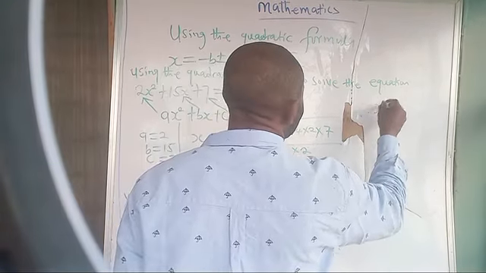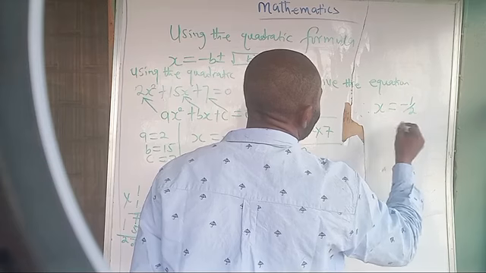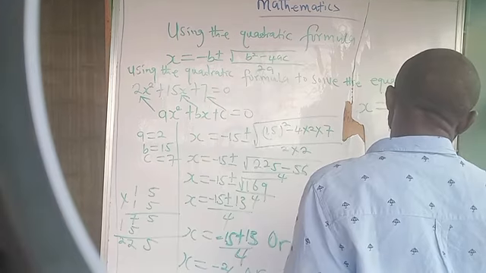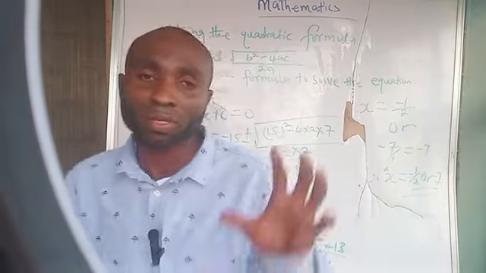Therefore x is equal to minus 1 over 2, or minus 7. So that is just it.